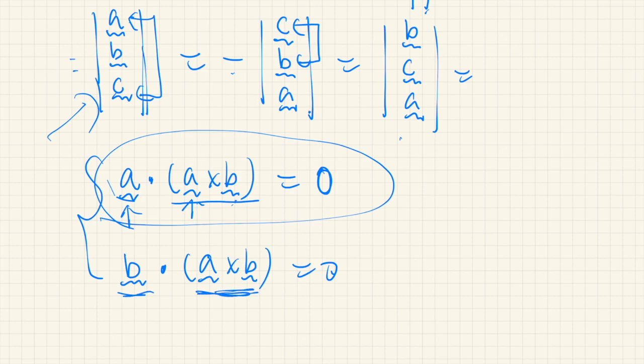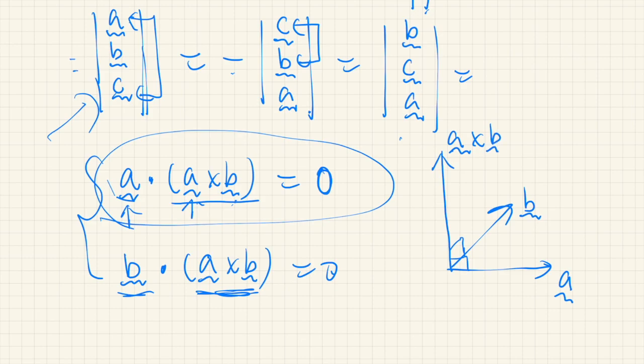So in 3 dimensions, let's say we have A and B. We will actually later prove that the cross product of these 2 vectors is perpendicular. We have just actually proved it. So the cross product will be something like this.